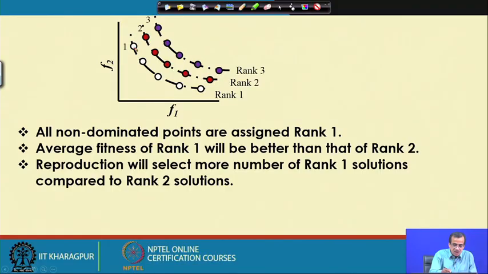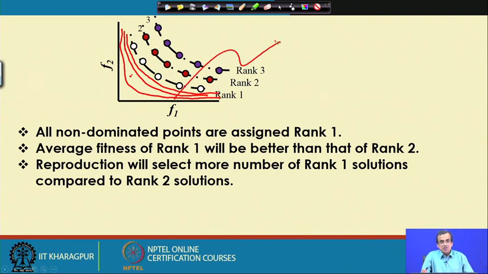If I get a rank 1 front like this in the first iteration, in the second iteration I will be getting a Pareto front like this, in the third iteration a Pareto front like this, and as iterations proceed, after a few iterations I will be getting this type of Pareto front, and GA will try to hit this type of Pareto front through a large number of iterations. So, this is the way we will find out the Pareto optimal front top solution.